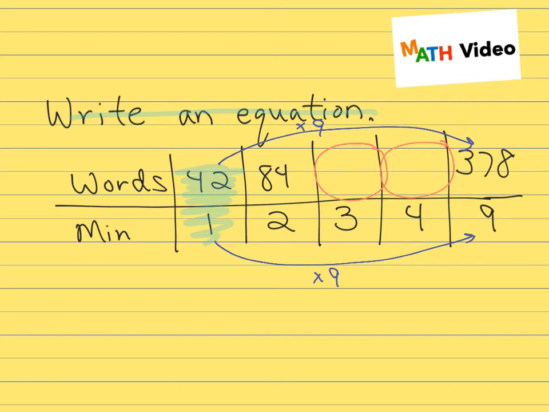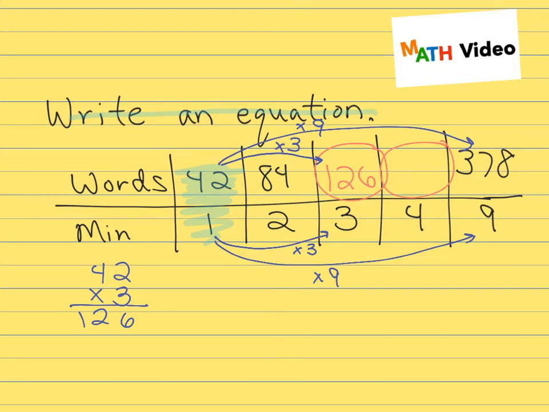Let's use multiplication again to find out how many words in 3 and 4 minutes. We're going to take our unit rate, 1 minute, and we're going to multiply by 3, because 1 times 3 equals 3. We're going to multiply 42 times 3 also. 42 times 3 is 126 words in 3 minutes.